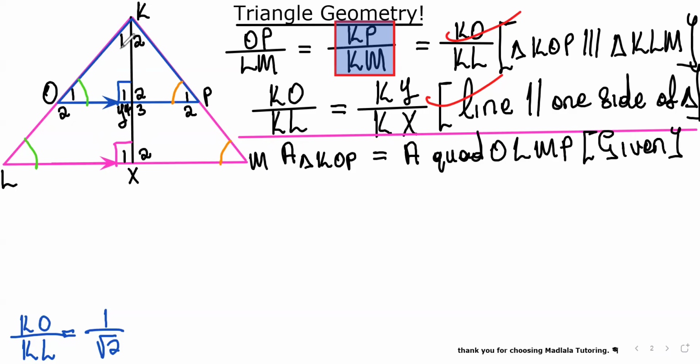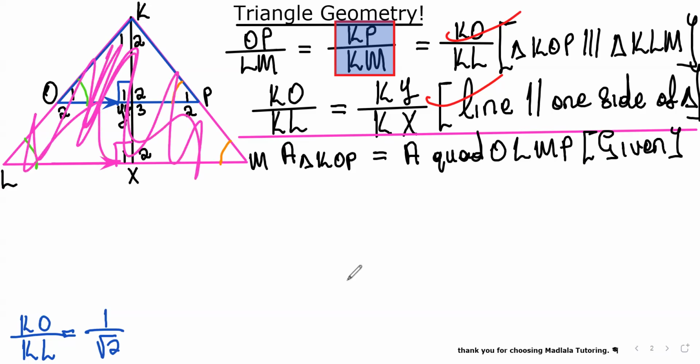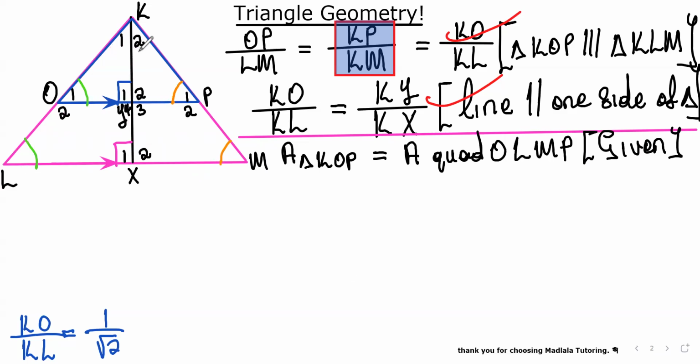So if we know that the area of the blue triangle is equal to the area of the quadrilateral, then what does it mean about the area of the entire triangle? If we know that this area is equal to that area, then it stands to reason that the area of this entire thing must be twice as much the area of the blue triangle.